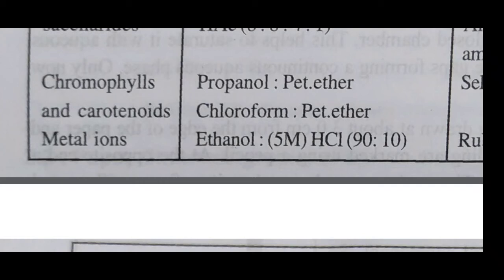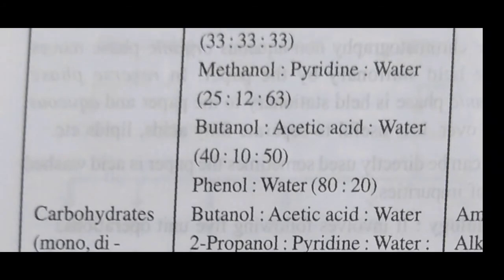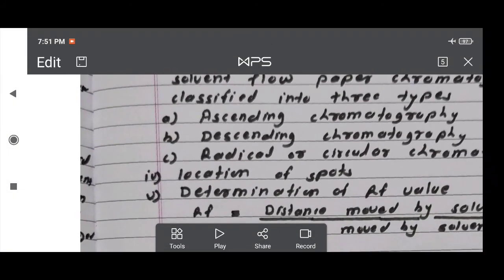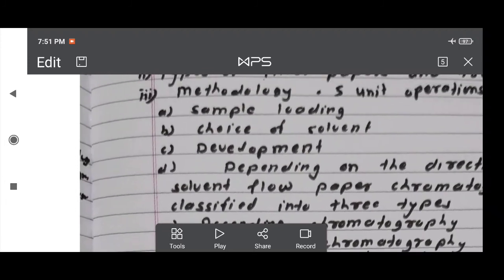After the solvent system, the third step is the development. In development, the analyte-loaded paper is further saturated by hanging it above the solvent phase taken in a chromatography jar or chamber. Now the paper is developed by running the mobile phase over it.